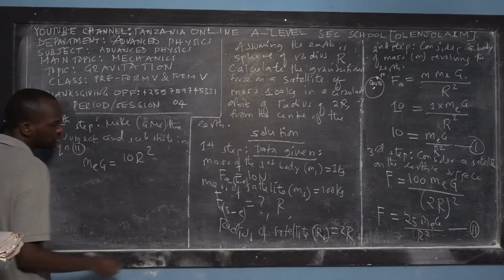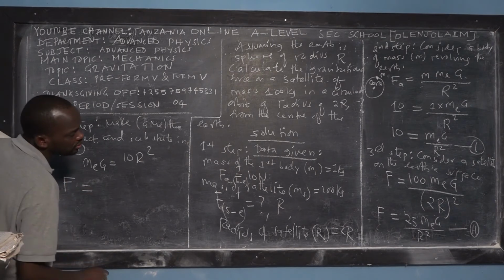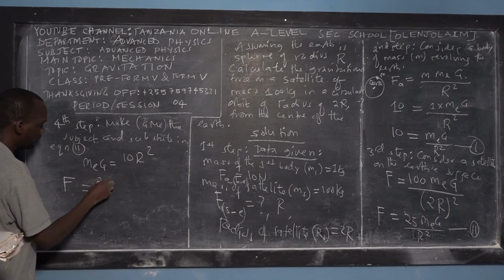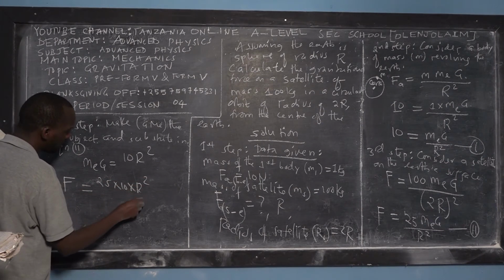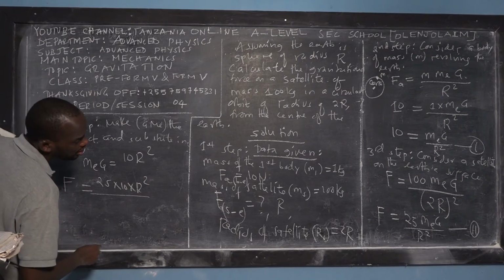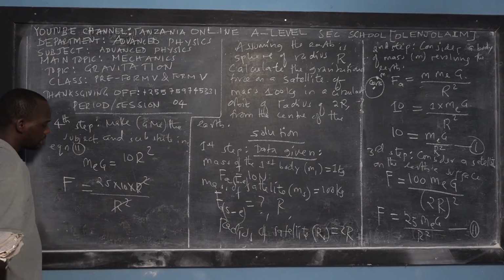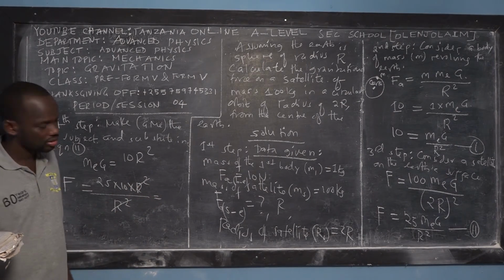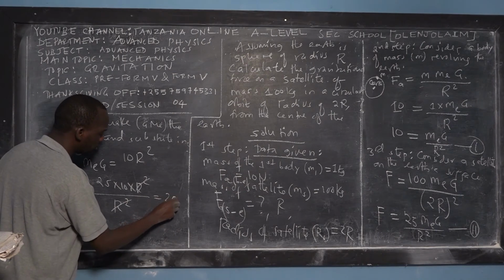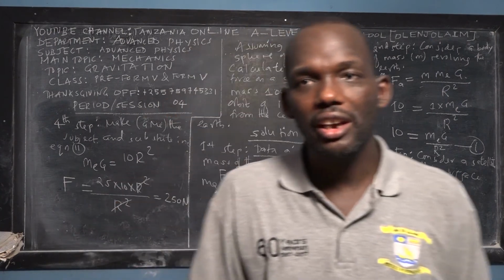So then we want to substitute into the force. You are looking for the gravitational force. So that one is 25 times 10 times r squared over r squared. So r squared and r squared cancel. So what is the response? Response is 250 Newton. So the force is 250 Newton.